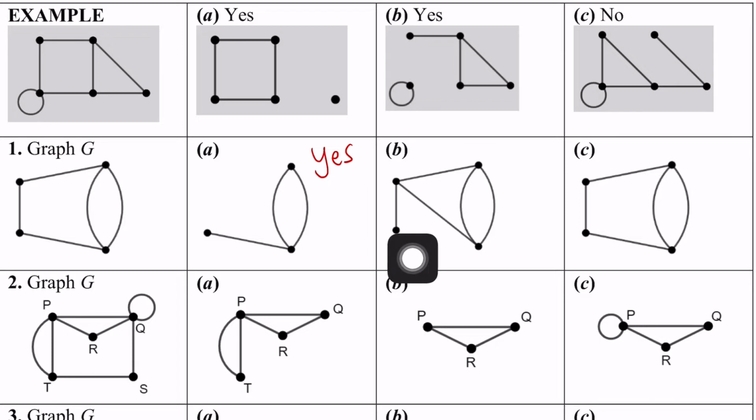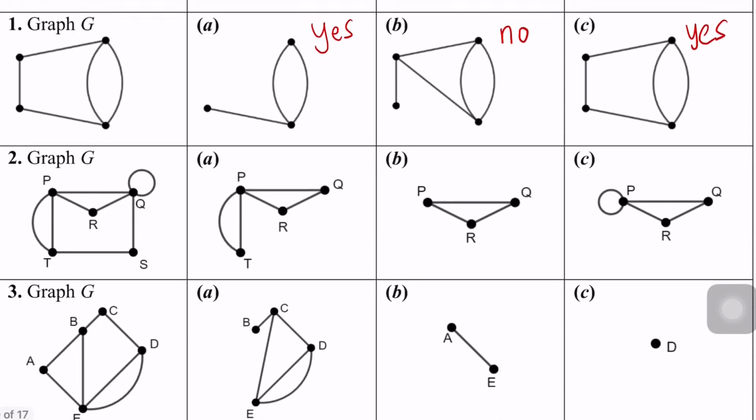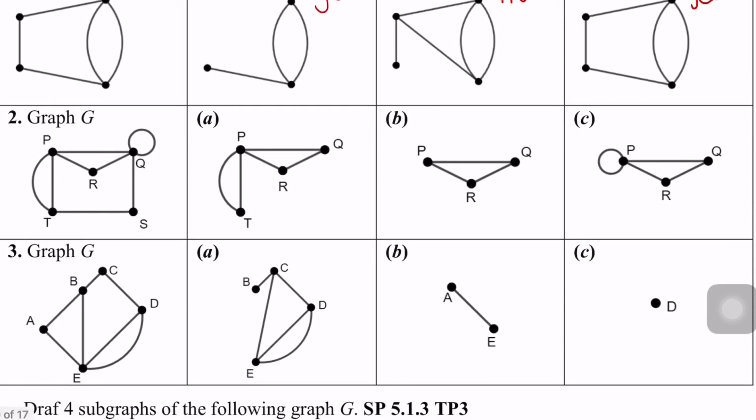Next, B. It's not the same, right? Suddenly there is a crossing line here, so this is not a subgraph. C is the same, so it is still a subgraph. For number 2 and number 3, I want you to try it yourself.